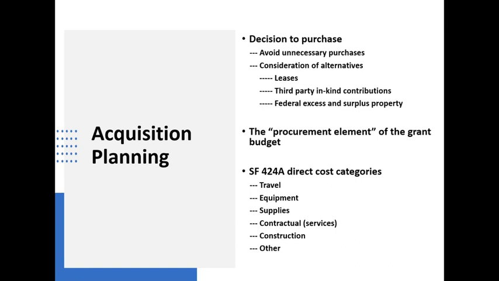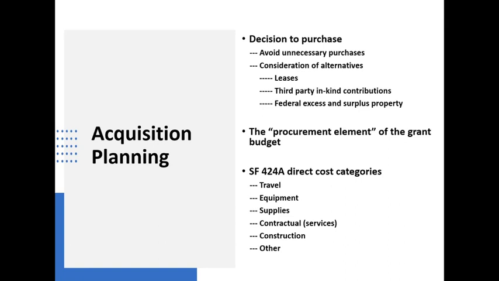And finally, consider whether the federal government's excess and surplus property program might be a source of assets that could be used on a grant, particularly organizations from the K through 12 education sector and nonprofit community-based groups have a certain amount of preference in getting federal excess and surplus property. That's probably not going to help your organization particularly, but it may help one of your partners in that whole area.